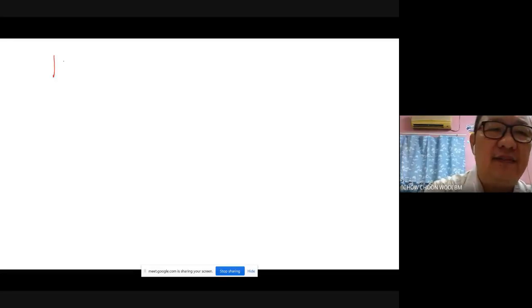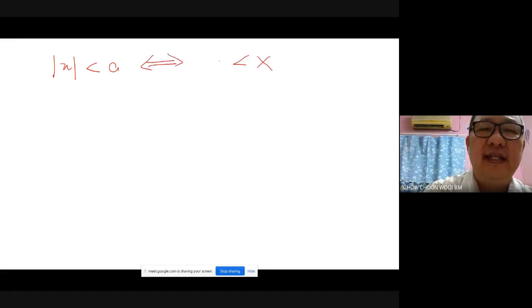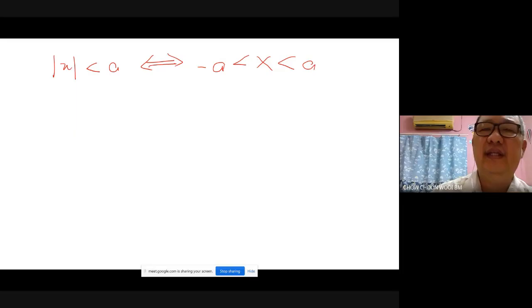Let's say if I give you, according to the definitions, the modulus of x, if it is less than a, then you can open up the modulus by using this formula. Okay, ini adalah rumus. And after this step, you can even expand it by using x greater than negative a and x is less than a.